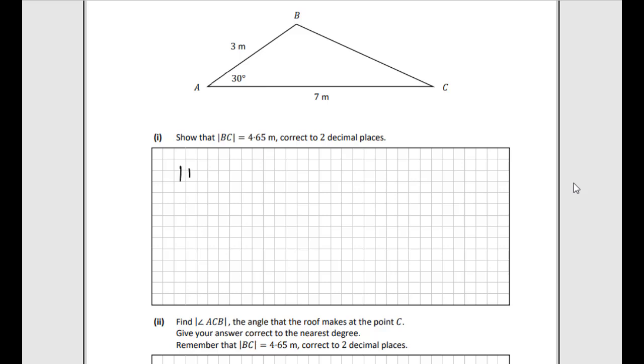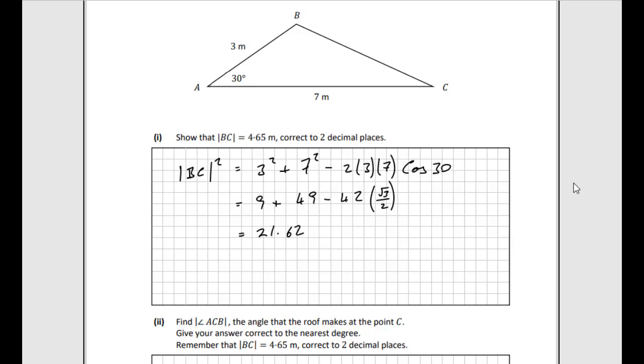So in other words, BC squared is going to be equal to 3 squared plus 7 squared minus twice 3 times 7 cos 30. So when you do that, you get 9 plus 49 minus 3 sevens 21, so that's going to be 42. And the cos of 30 degrees is root 3 over 2. You can stick all of that into your calculator anyway, and you get 21.62693304, and so on.